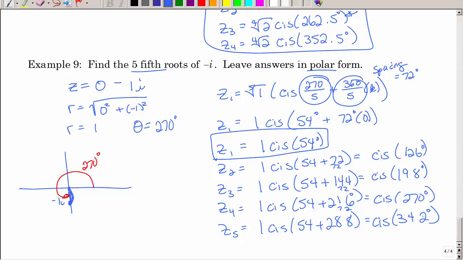Hopefully I'm doing my math correctly. And so we have 1, 2, 3, 4, 5 fifth roots of negative i. I know this seems confusing, but kind of going back to our polar graphs, those rose curves, this is telling us our starting point, this is our spacing of all of those roots around the circle.